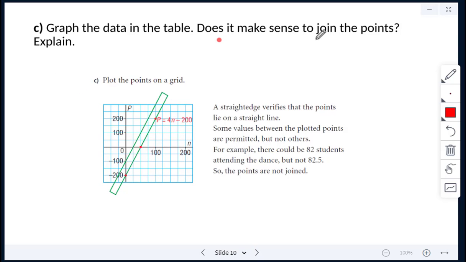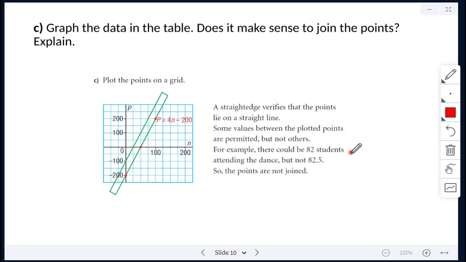And then the question is, does it make sense to join the points? So we plotted the points here, 1, 2, 3. Those are the points on the grid. And this is just showing that using a straight edge, we can see that it is a straight line, but it does not totally make sense to join the points.